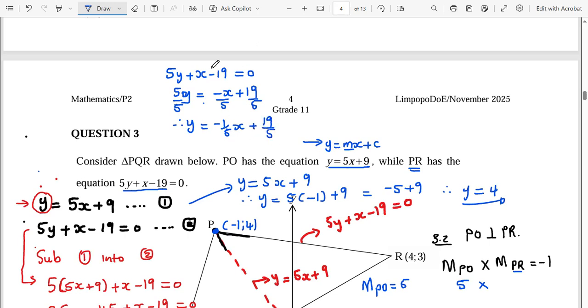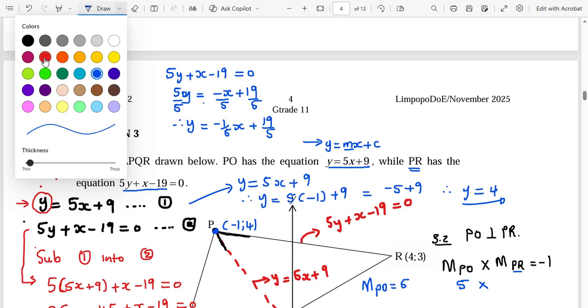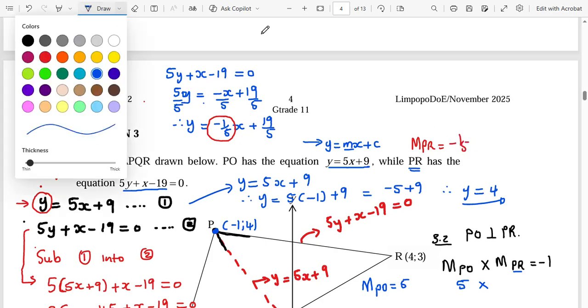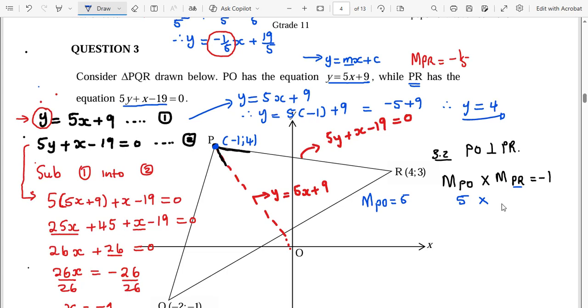So look at what is the gradient of PR. This part here, that's the gradient of PR. So the gradient of PR is minus 1 over 5. So we just have to come back and substitute it in that equation and see what we get when we multiply this.